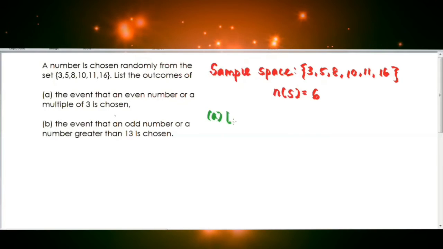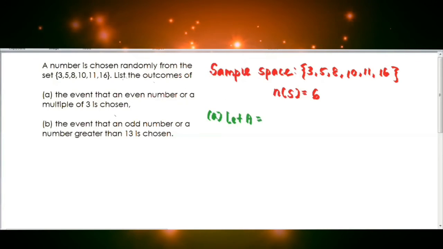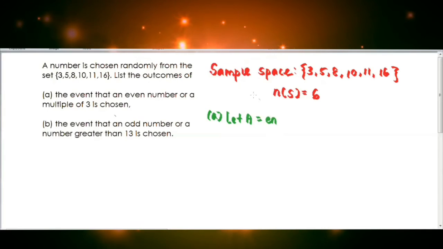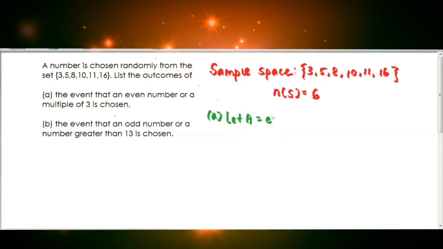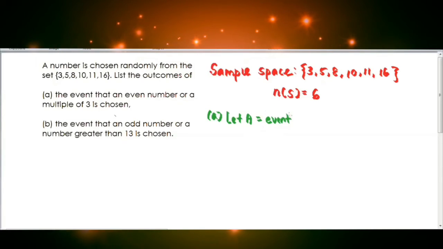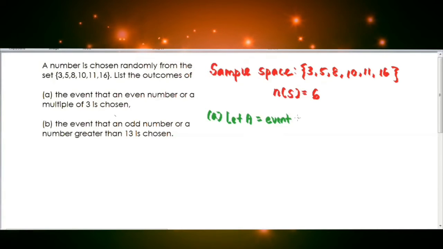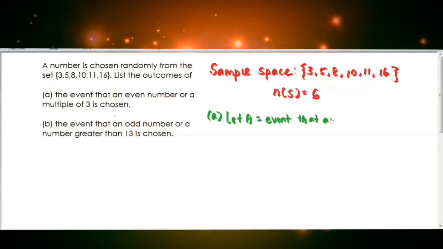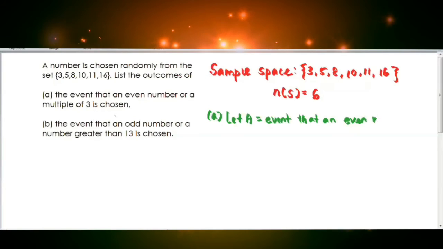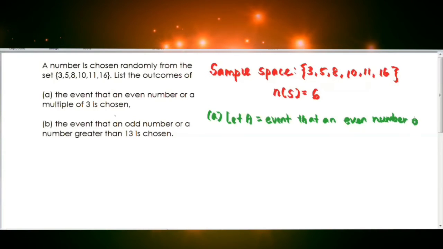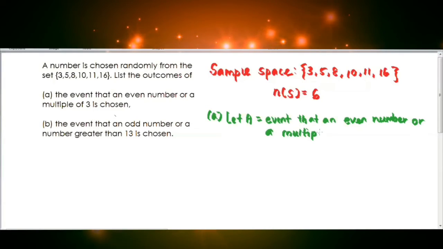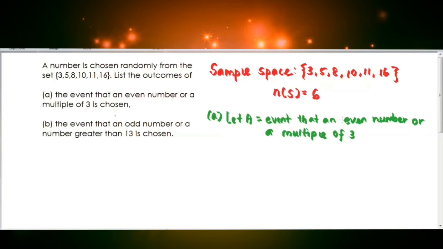Let A be the event that an even number or a multiple of 3 is chosen.